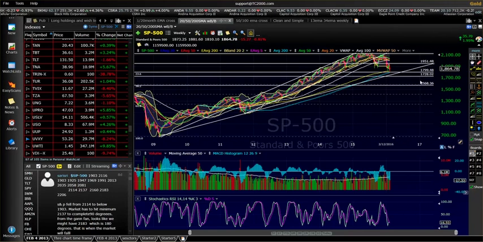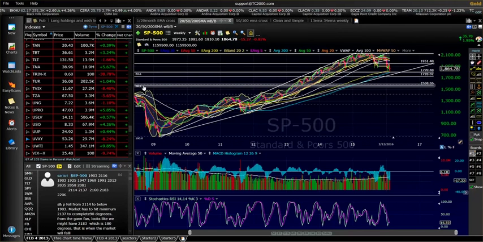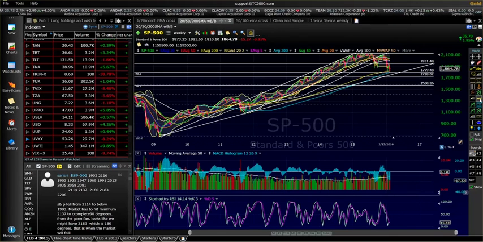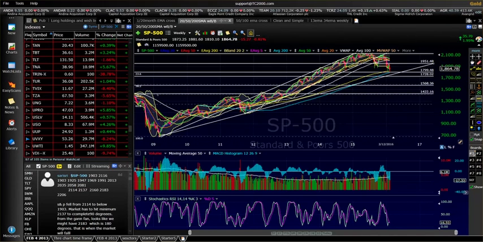Then there's a 38.2 retracement, which is at the 1568 level. And then if we come down here a little bit further, the next major area of support, price and Fibonacci retracement, is around 1400.